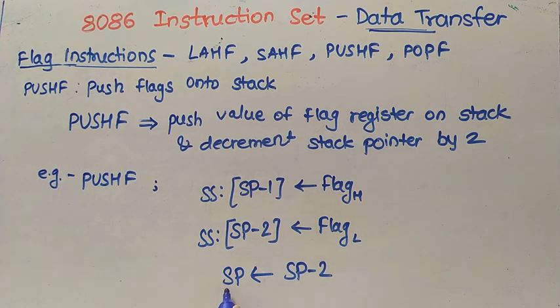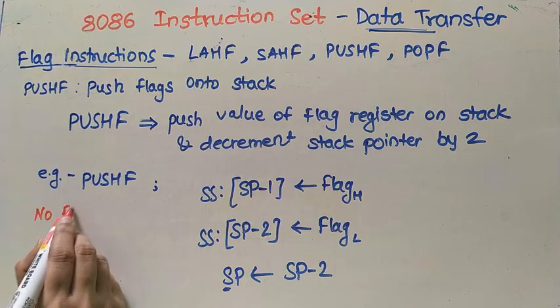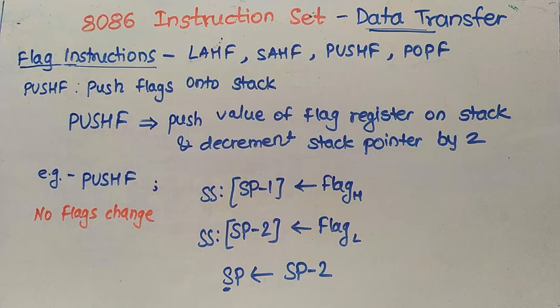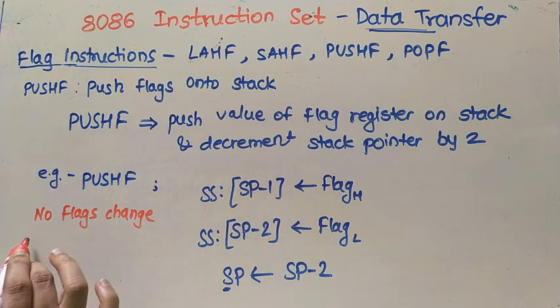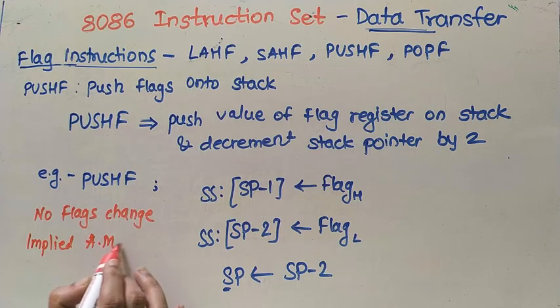Means now this will be the top of stack. This is the PUSHF instruction. Here after execution of this instruction, no flags are affected, and the addressing mode is implied addressing mode.